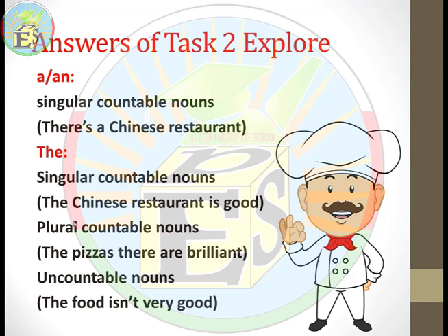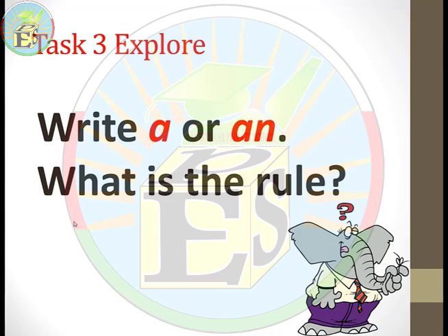Let's keep moving to the other tasks on this page. Right now we will move to task number 3. Here we have to write the articles a or an. You have to remember the rule of using a or an.